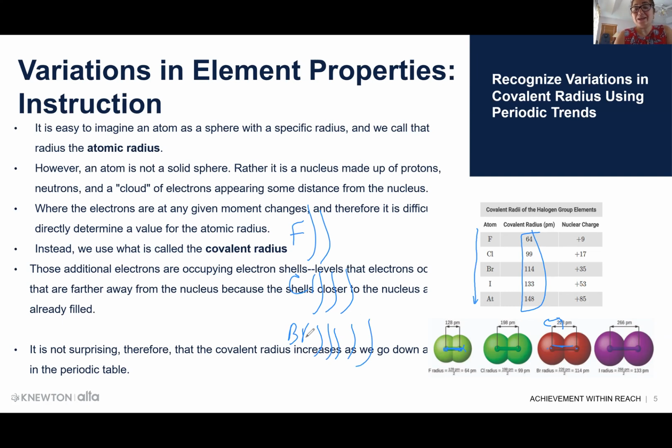When they measure atomic radius in the lab, the measurement is based on the bond length, but the definition is the distance from the nucleus to the outermost shell. So this distance is increasing as you go down, because every time you go down, you're adding another energy level.